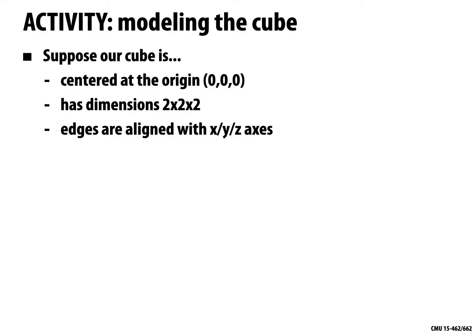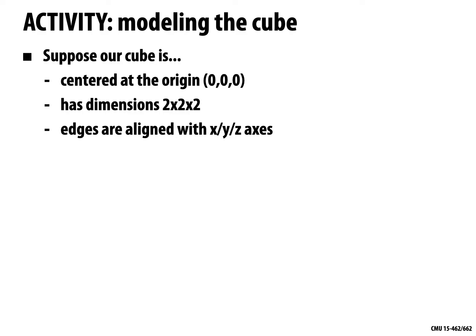So maybe think for just a moment, what's a more explicit description I can give of the cube that really spells out in great detail what its geometry looks like? What kind of information might I encode? Okay, well, it's a little bit of a tough question.